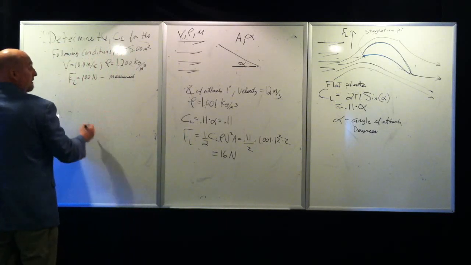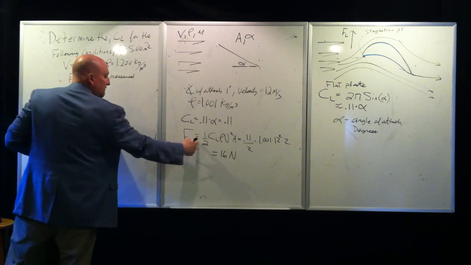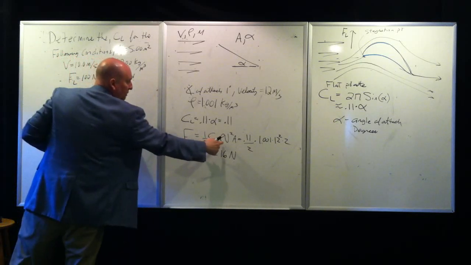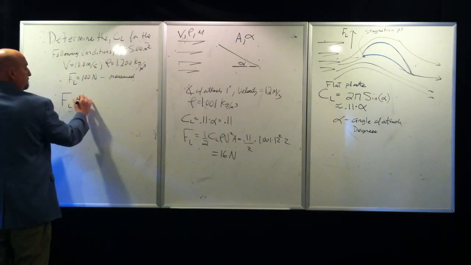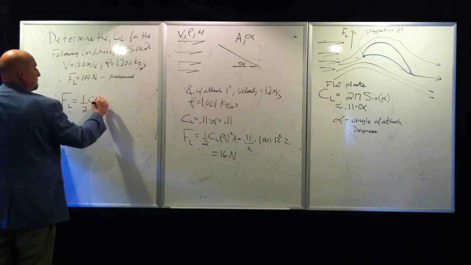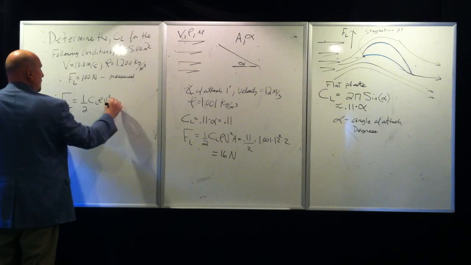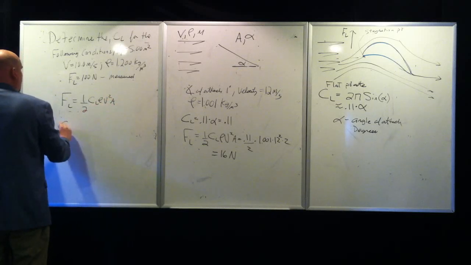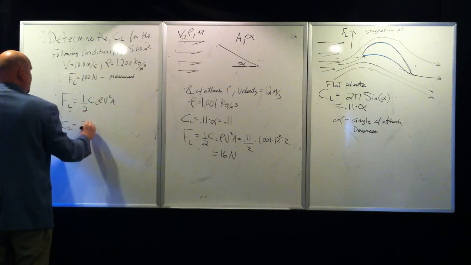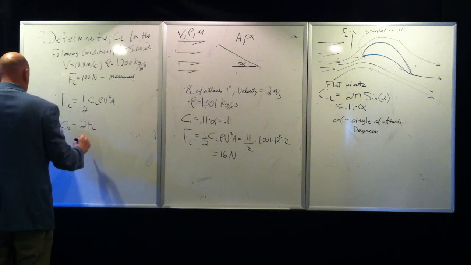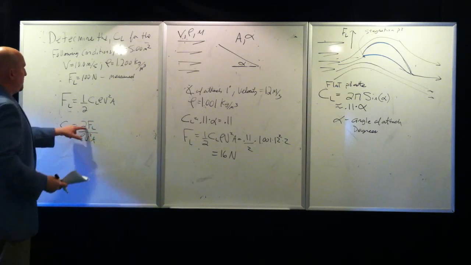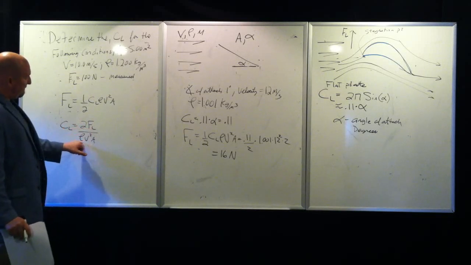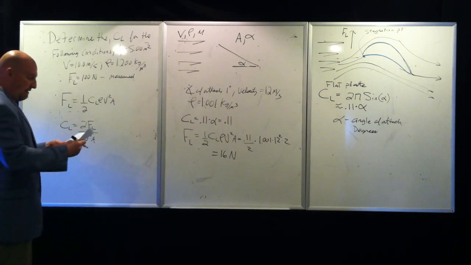So, using this formula, force of lift equals 1/2 coefficient of lift rho v squared A. You can solve this algebraically for coefficient of lift. So it's 2 times the force of lift divided by the quantity of the density, the velocity squared, and the area.